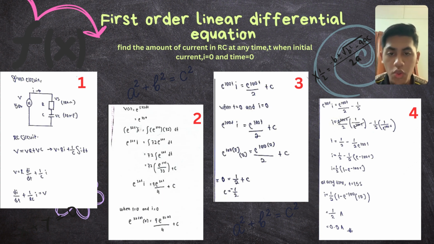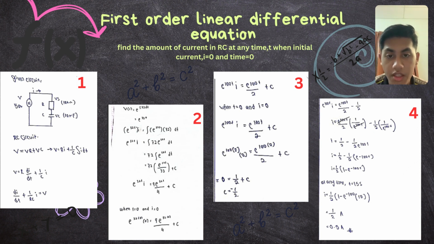So V equals R di/dt plus 1/C I, which gives di/dt plus 1/RC I equal to V. Then we change the formula to the question given.